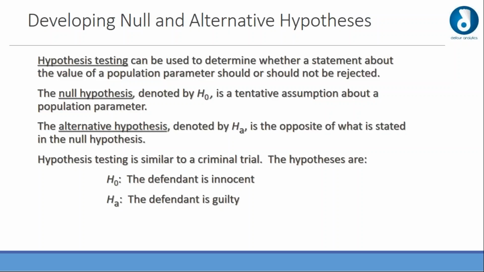What we do is we define a null hypothesis as well as an alternate hypothesis. For example, we have a sample of 30 people, and we want to hypothesize something, a tentative assumption that the average height of those people is more than 6 feet.